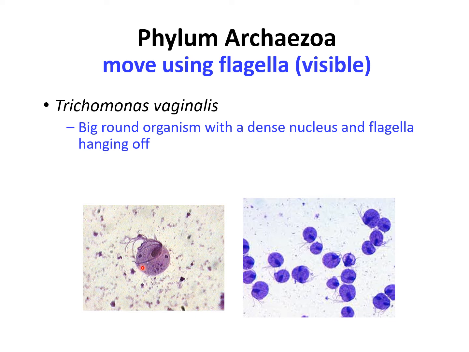So they're kind of round, right? Big round microorganisms. And you can definitely see the nucleus, right? It's pretty visible, that dark blue dot in there, that's definitely the nucleus. And you can see the flagella hanging on one end.